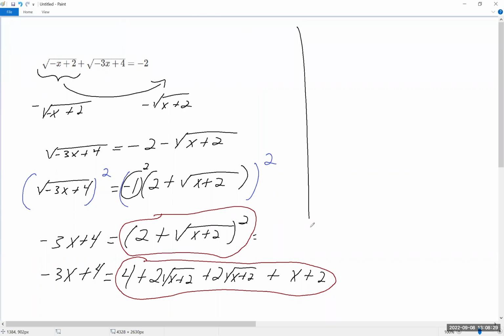All right, so now let me just copy the right side. So negative 3x plus 4. I'm sorry, copy the left. Did I say left or right? I'm copying the left. On the right, I have 6 plus x plus 4 root x plus 2. You say 4, yeah, because 2 plus 2 is 4.